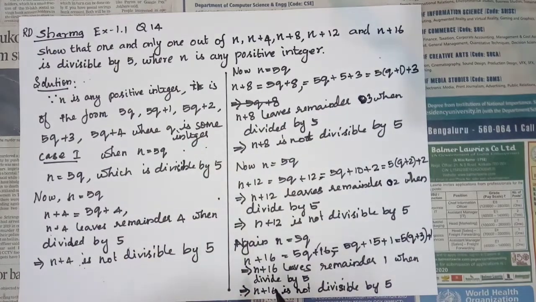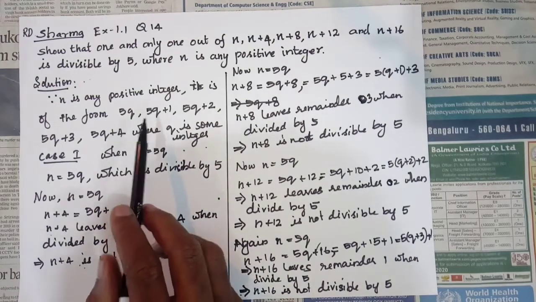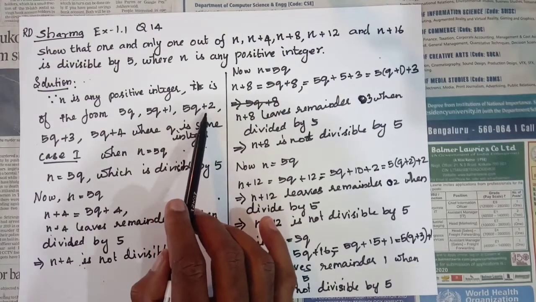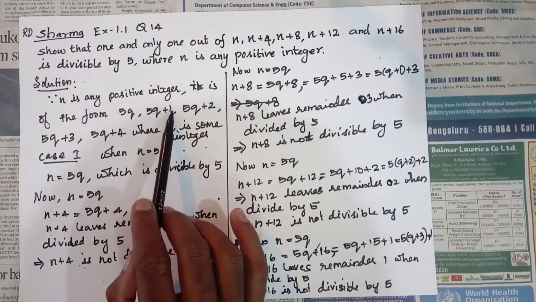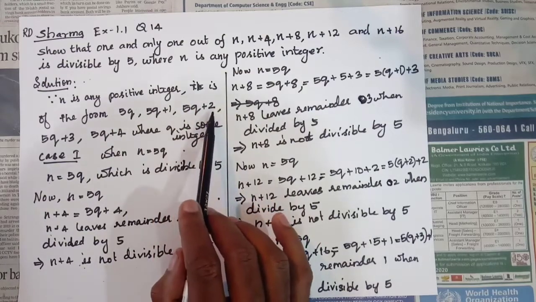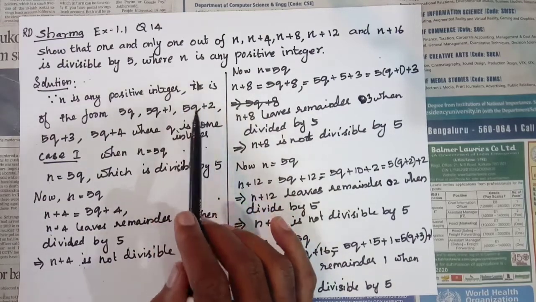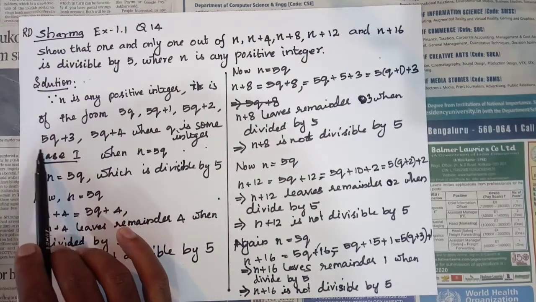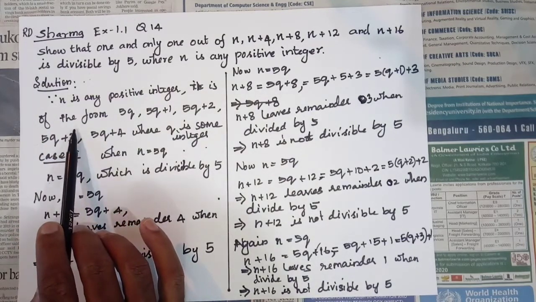Similarly, we have to write for other values also, for other forms: 5q plus 1, 5q plus 2. So this will be case 2, n is equal to 5q plus 1. Case 3 is when n is equal to 5q plus 2. Case 4 is when n is equal to 5q plus 3.